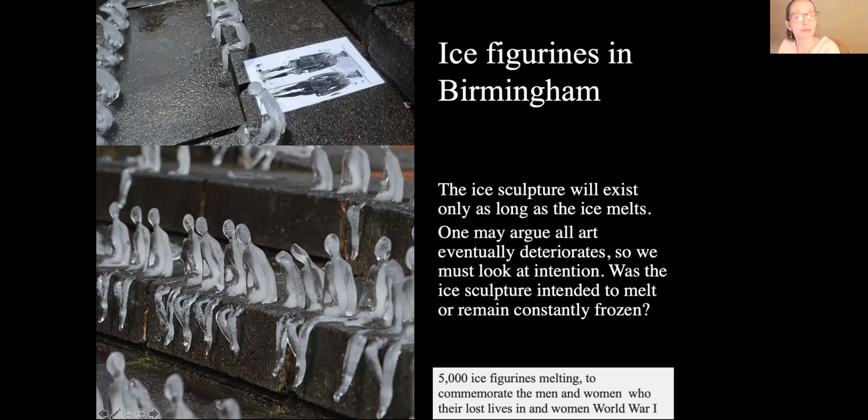So this is temporal. It would not work if we saw the pools of water after they were melted, nor would it be as powerful if we didn't see, as those who beheld it did, the figurines before they began to slowly change and lose their definition and become the anonymous multitudes. Numbers lost in the 20th century in its First World War.